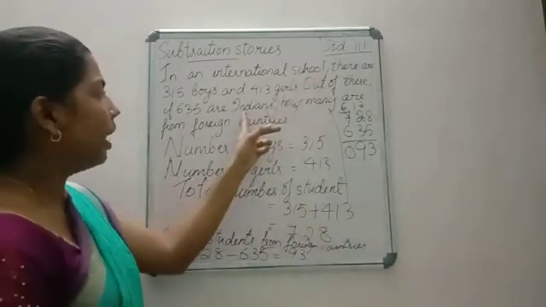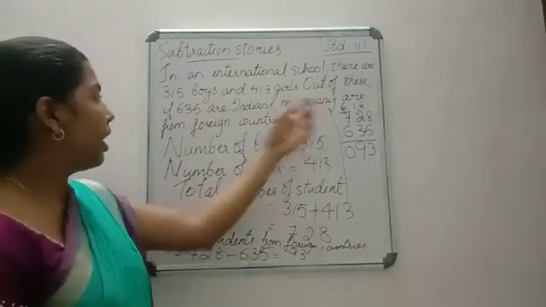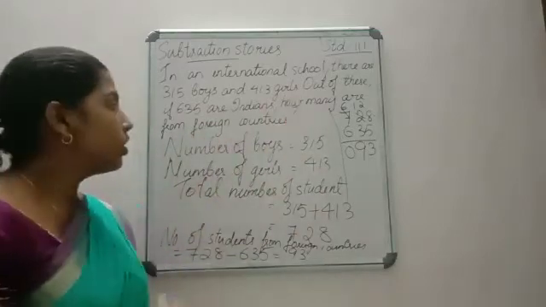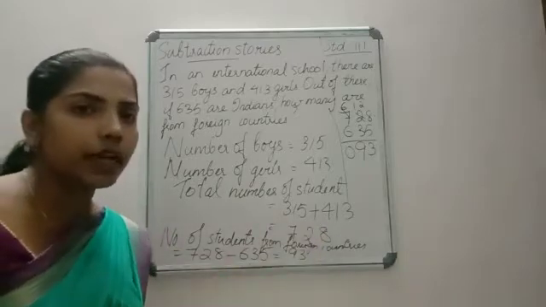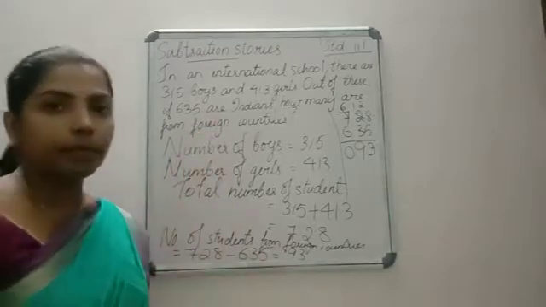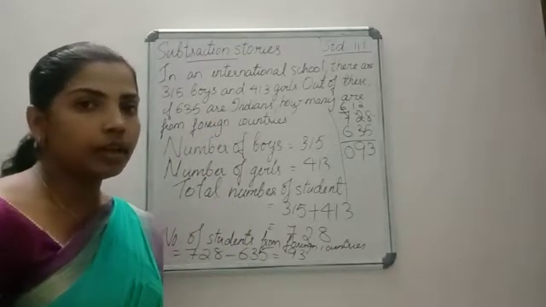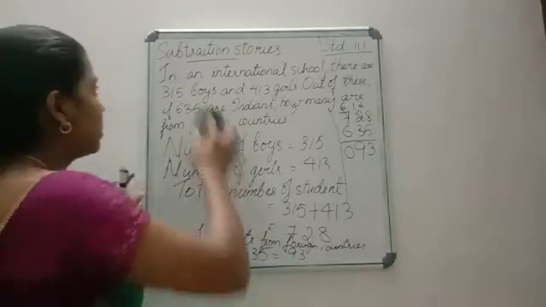Now, among that 635 are Indians, and we have to find the number of students from foreign countries. For that, from the total number of students, we subtracted the students from India. Okay, did you understand? Let us do one more question.